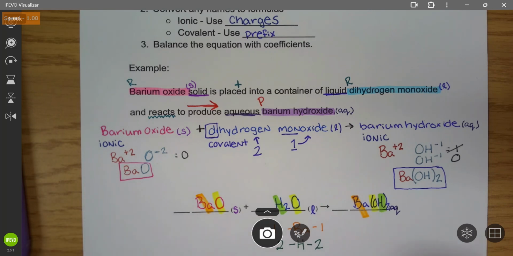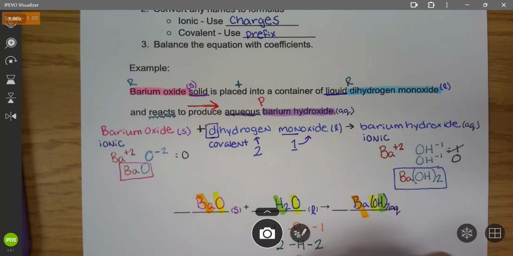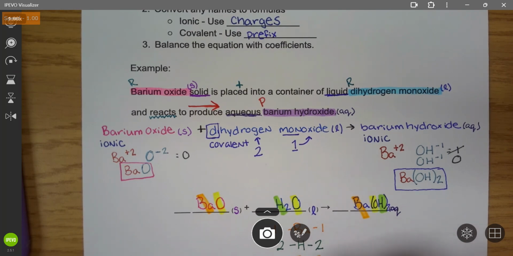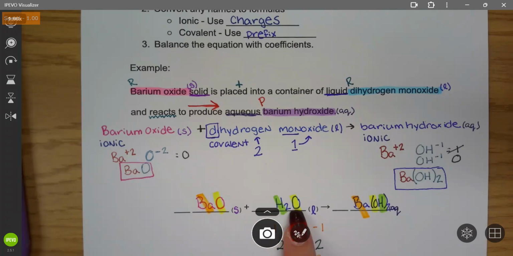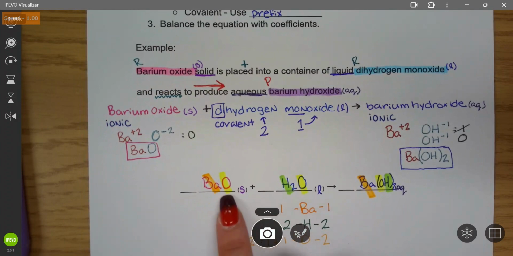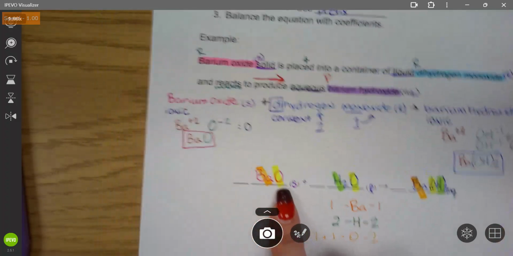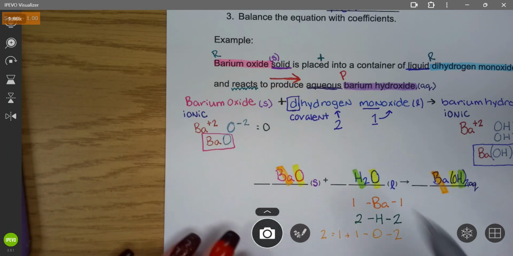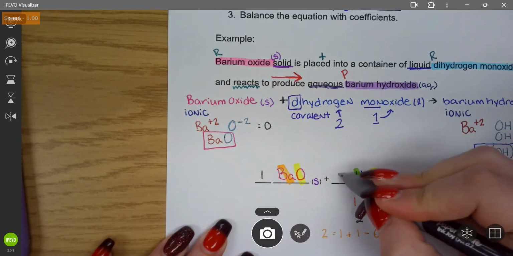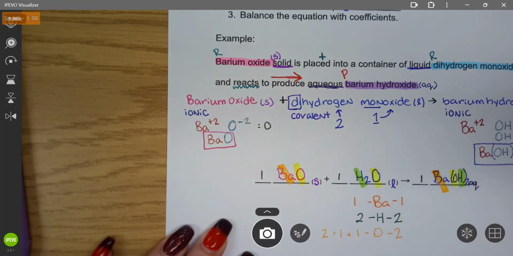And then for oxygen, I have 2 on my product side and 1 plus 1 on my reactant side here. 1 from this oxygen, 1 from this compound. So that ends up balancing out already. You can see here, our coefficients don't actually need to be anything other than what they already are. So our coefficients are just 1, 1, 1.